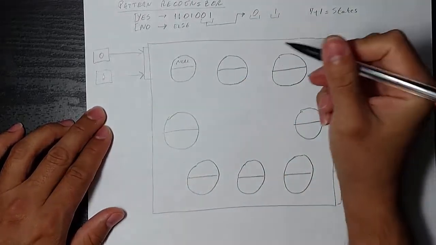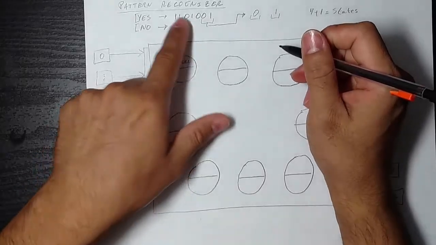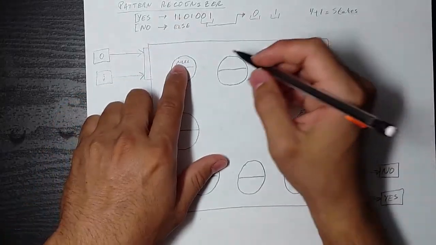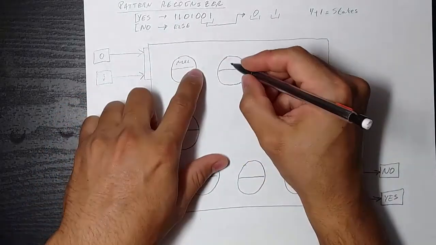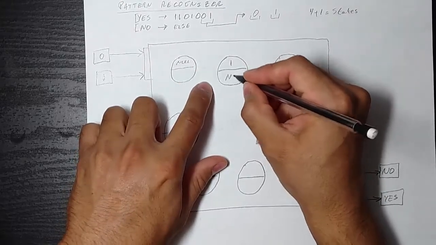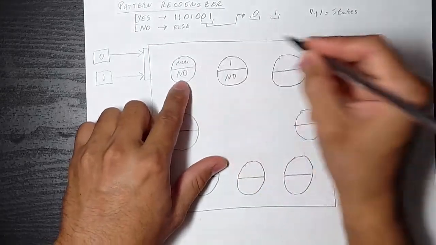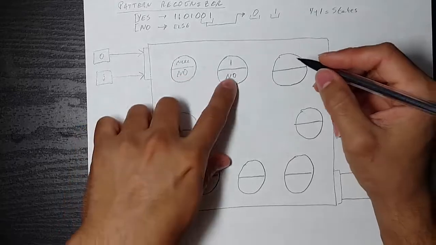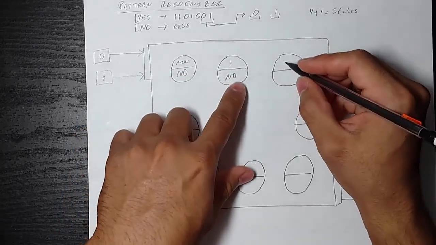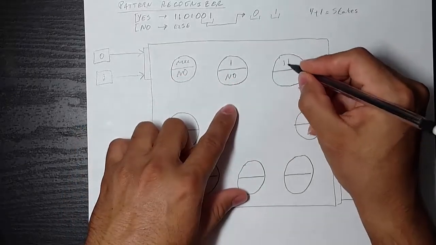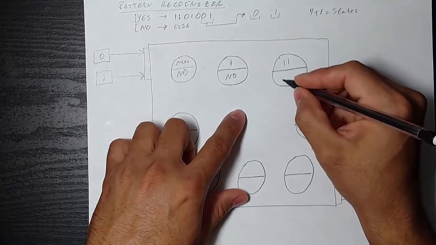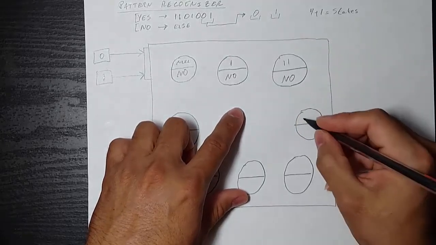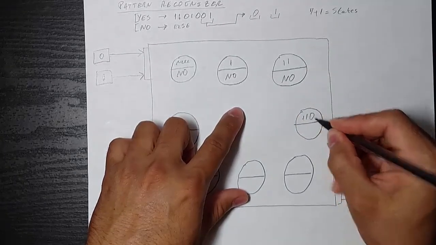Let's say in the perfect world we get this one. So we're in null, we get a 1, we go to state 1, but we still output a null, as well, because we don't have the whole pattern yet. Let's say our next state is 1, 1. We output a null, we don't have our pattern yet. 1, 0.